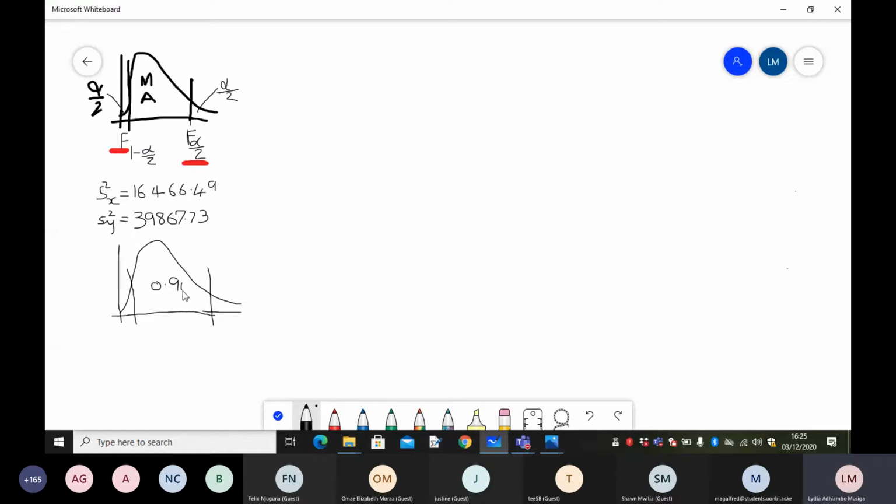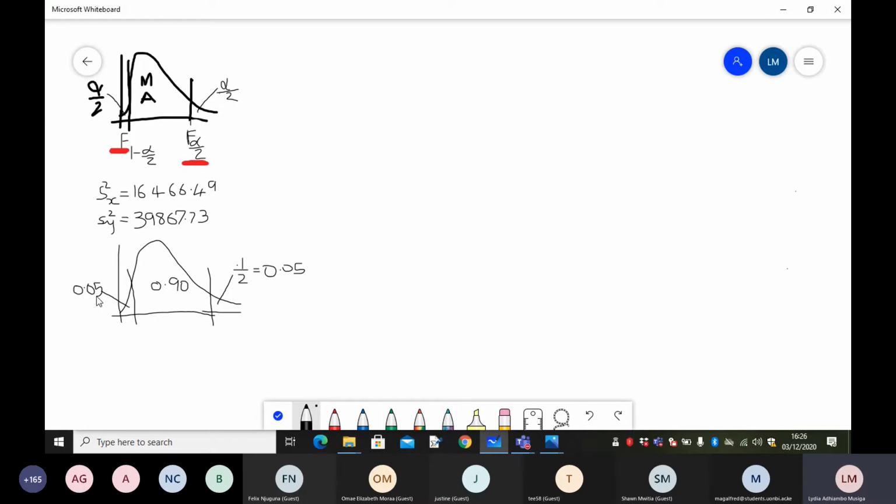And then 1 minus 0.90 is 0.1. So 0.1 divided by 2 is 0.05, and the same size applies to the left region. It will be of size 0.05.